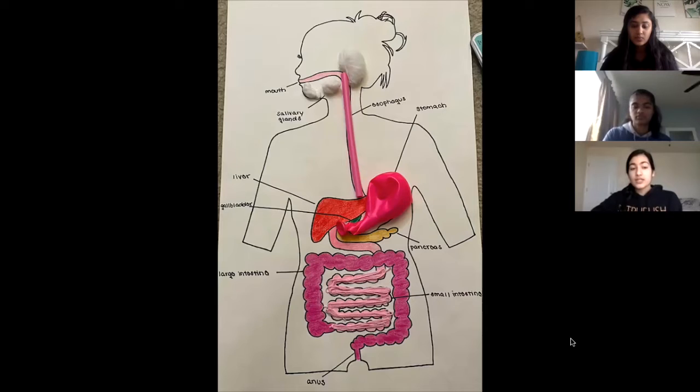And then once that occurs, the organ that comes next in the system is the stomach, which is represented here by the balloon. The stomach is a sac made of smooth muscle that consists of four regions: the cardia, fundus, body, and pylorus. It churns the bolus with peristaltic contractions, which is a form of mechanical digestion.